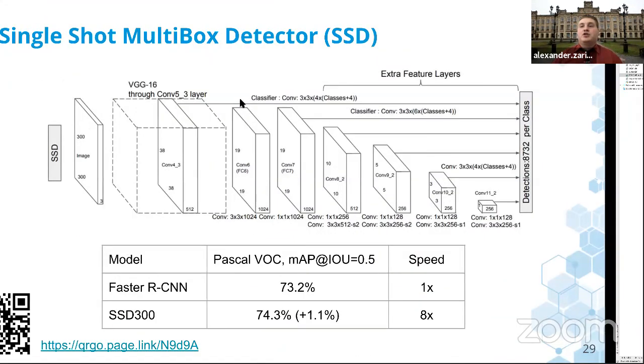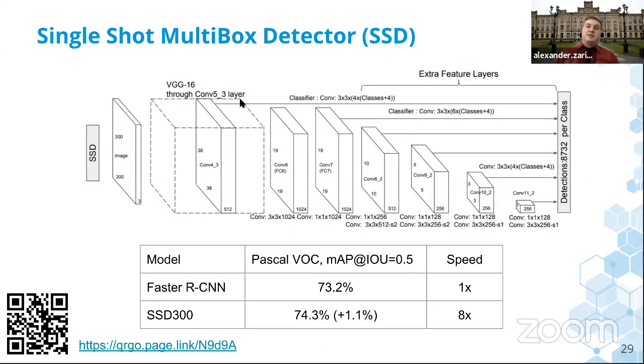So generally, we use a batch size of 1 per GPU for two-stage detectors because we can fit only one image into our memory.